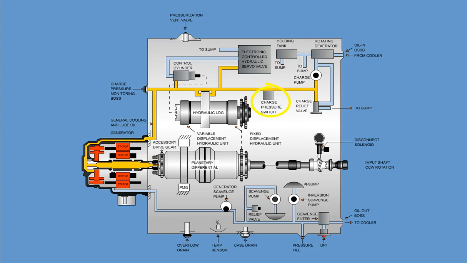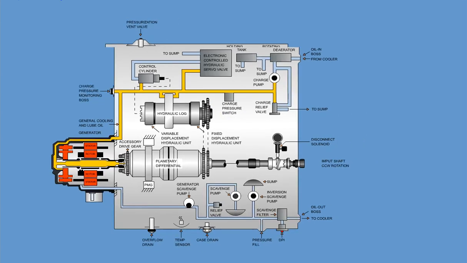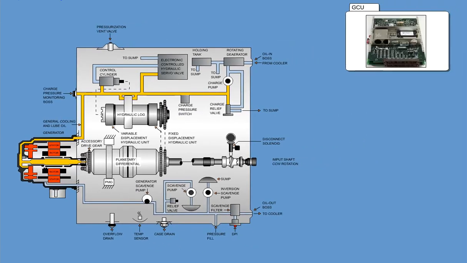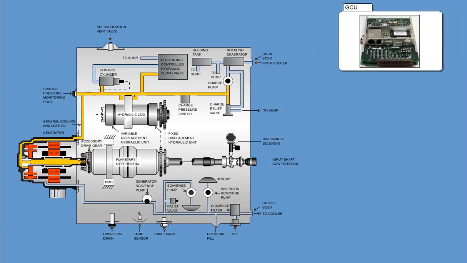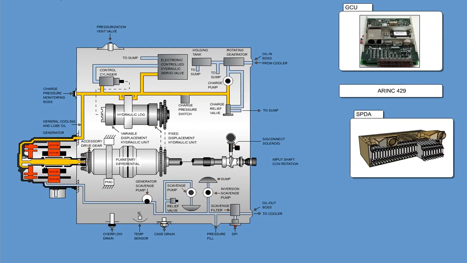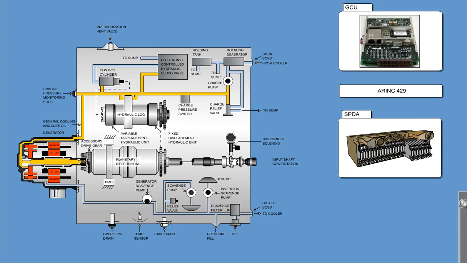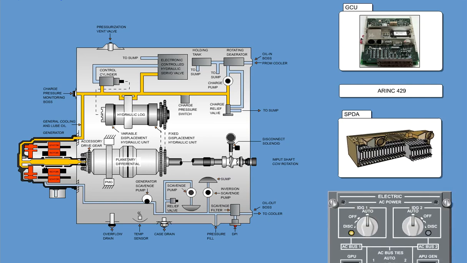In case oil temperature in the IDG sump sensed by the temperature bulb reaches 335 degrees Fahrenheit, 168 Celsius, an IDG over temperature condition is interpreted by the GCU. In both cases, the GCU will send a corresponding signal over ARINC429 to the associated SPDA. The SPDA illuminates an amber lamp on the IDG disk switch.